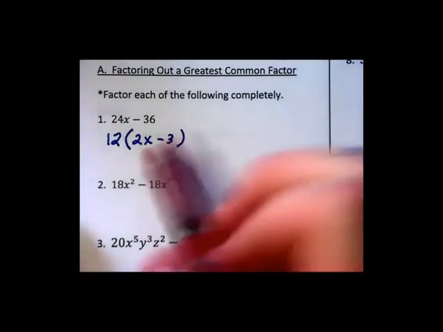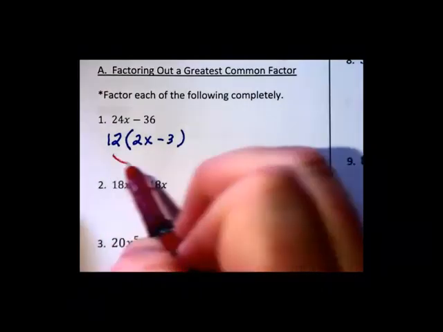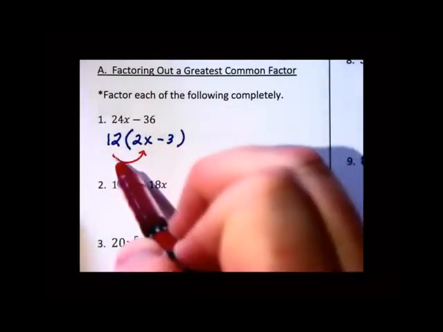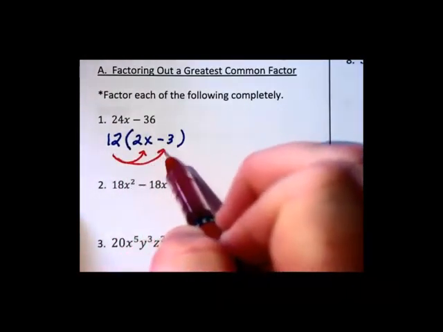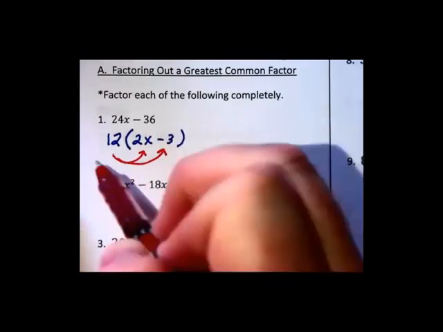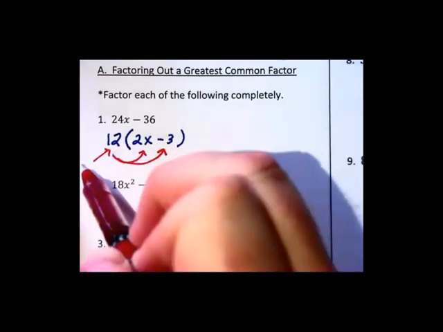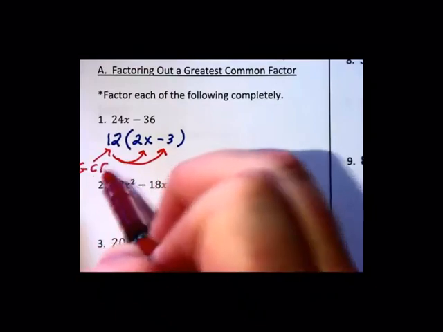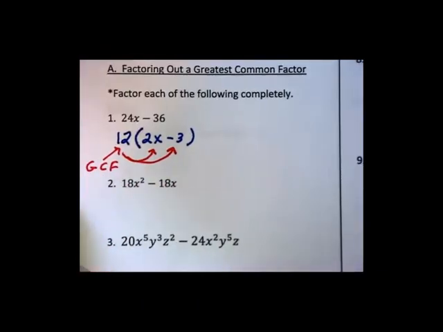Notice that you can check this by taking the 12 times the 2x to get the 24x and the 12 times the minus 3 to get the minus 36 up above. This is only factored correctly if 12 is the GCF.